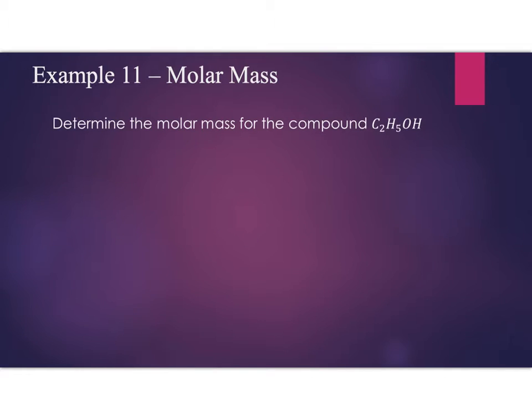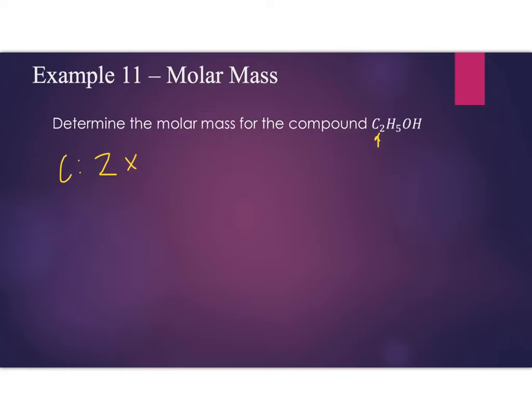And just to refresh on what we were doing last week, example 11 says determine the molar mass of the compound C2H5OH. So if you recall, we are going to break this up into carbon, and I notice because I have this number 2 here, or that subscript, that I'm going to have 2 carbons, and I'm going to have to multiply that by the molar mass.